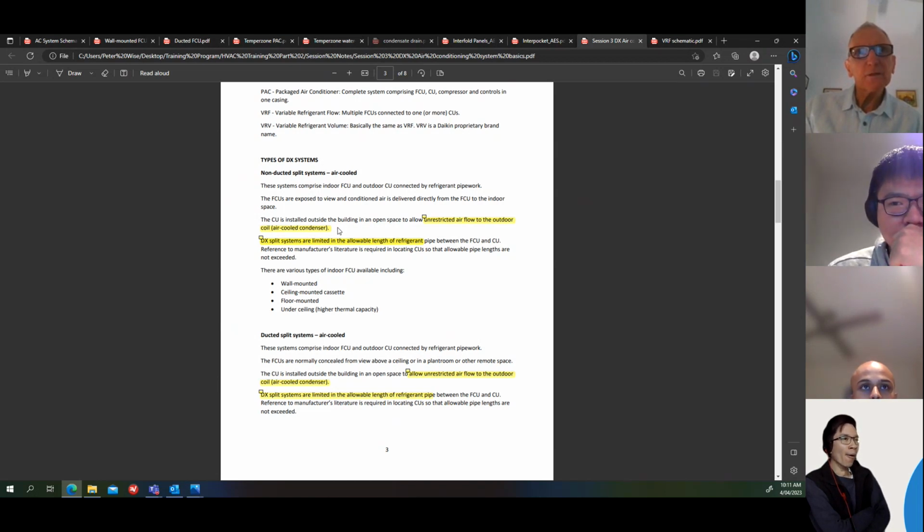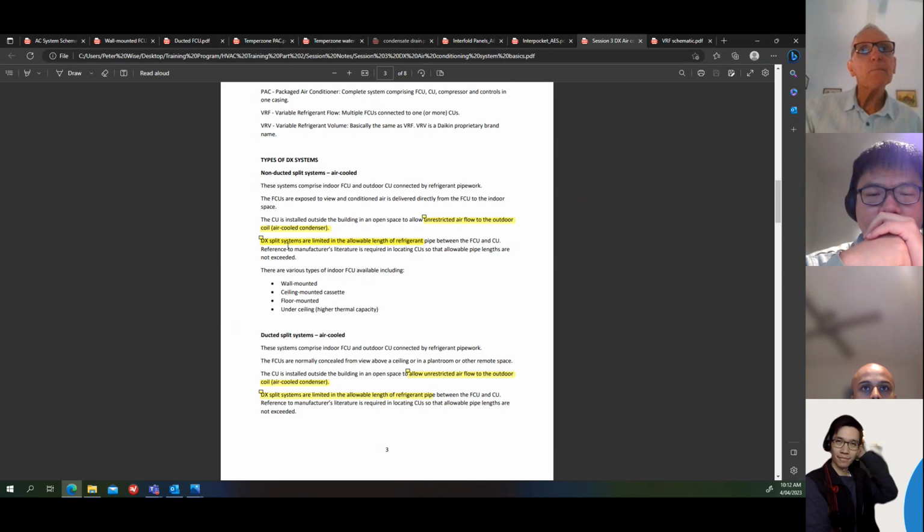Be very careful of that, because if you put it inside an enclosure, they're not going to work properly, and the system just won't function. So if it does have to go in an enclosure, make sure you've got decent louvers to let the air come in and out of that enclosure.